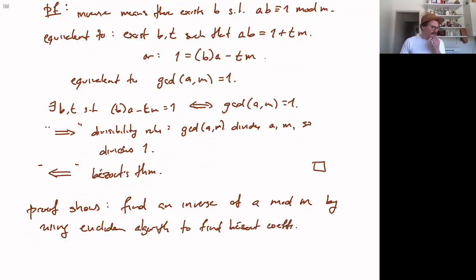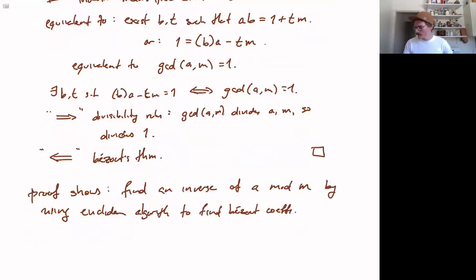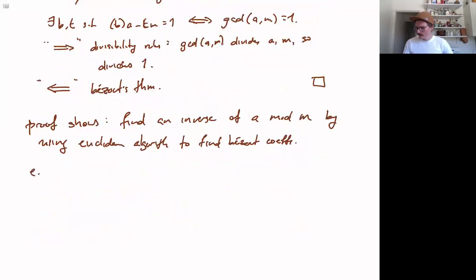So let's see an example of this. Find an inverse of 23 mod 29. This is very nice because as soon as your numbers start getting any kind of big, it's going to be horrible to just figure out what the inverse is on your own. So here is a nice, easy algorithm for writing it down.